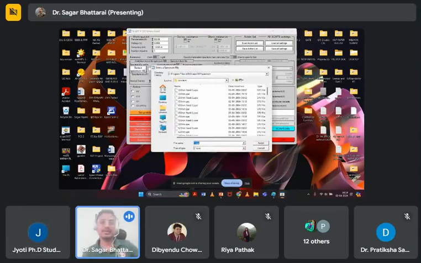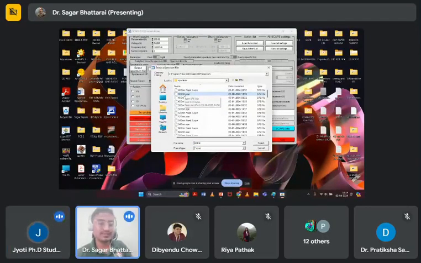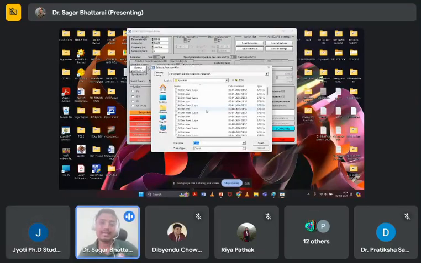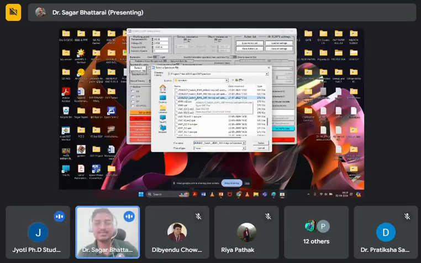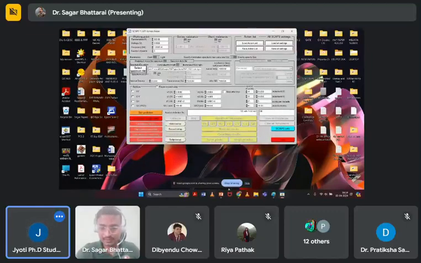Please don't go for choosing the file. You are talking about this spectrum, right? This is the 400 nanometer spectrum file. Don't choose these things, just go for 1.5 and simulate.